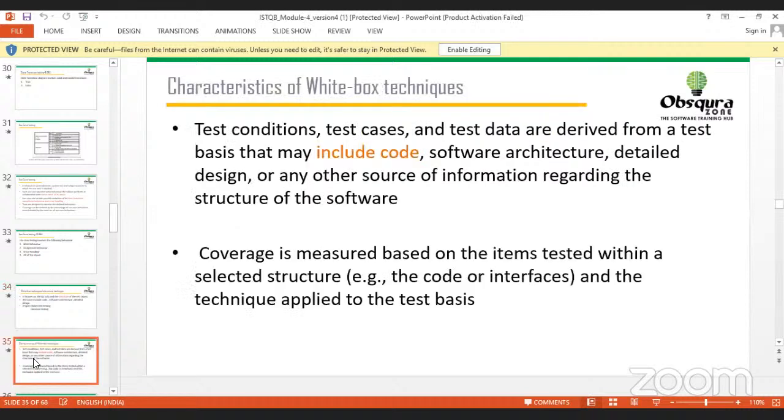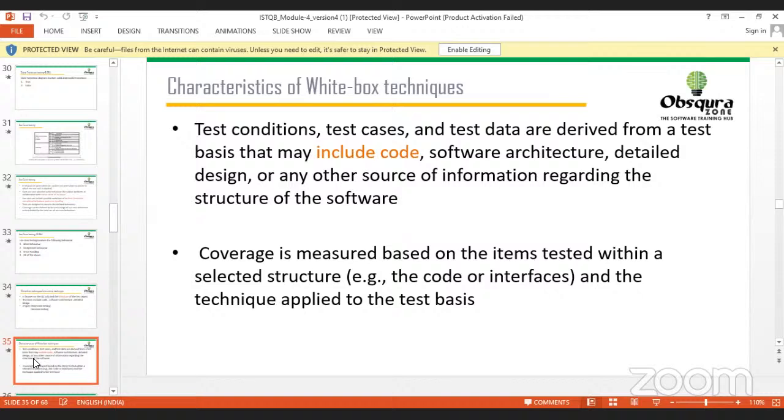Similar to black box testing, here we will discuss the characteristics of white box testing technique also. The test conditions, test cases, and test data are derived from test bases that may include code, software architecture, detailed design, or other sources of information regarding the structure of the software.